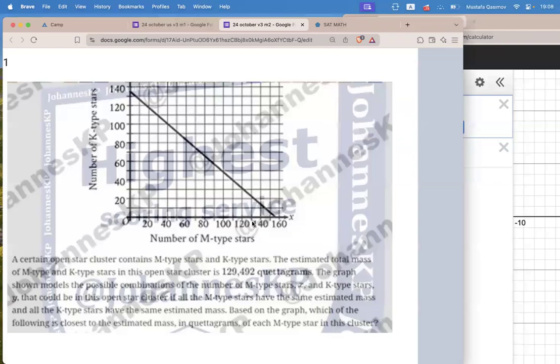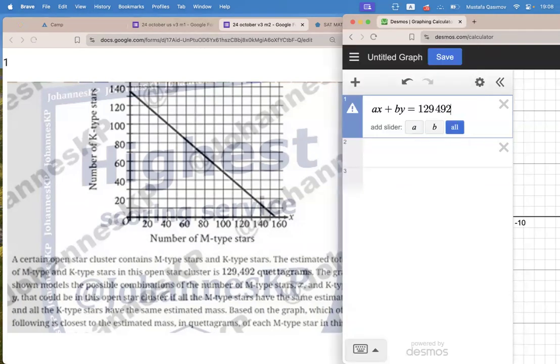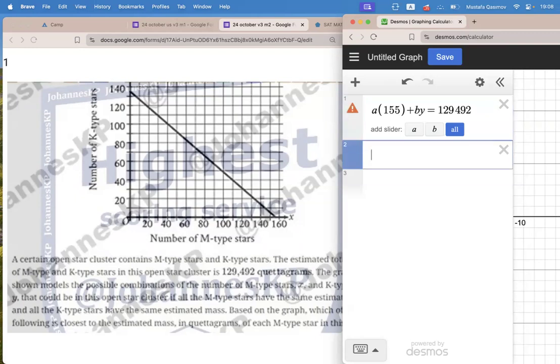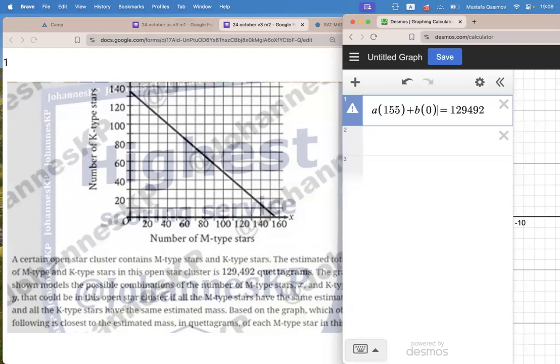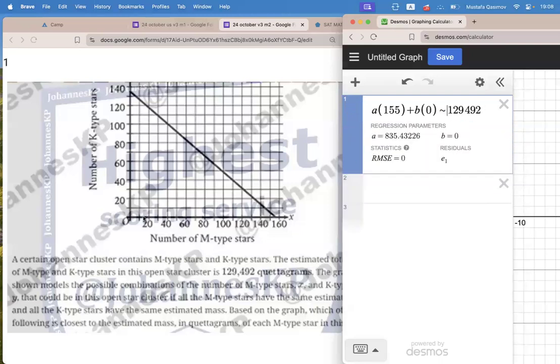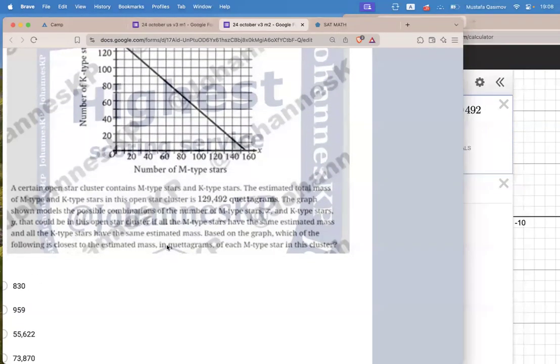And because it asks about M type, you must look at this part, this point. y is equal to 0 here, and x is equal to approximately 158.55, let's say. And y is equal to 0. So the answer is 835. A. The answer is A.